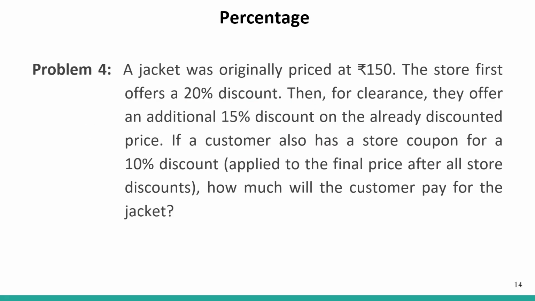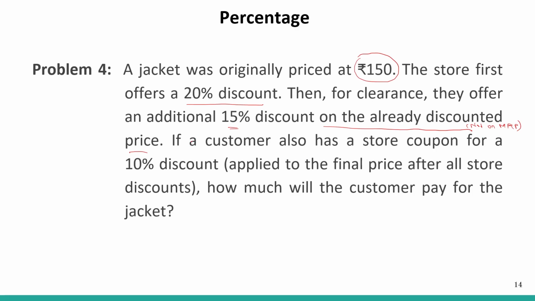Let's see problem number 4. A jacket was originally priced at 150 rupees. The store first gave a 20% discount. Then for clearance they offer an additional 50% discount on the already discounted price, not on the marked up price, not on MRP.